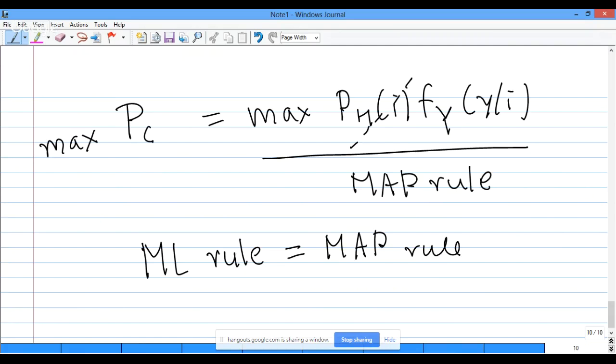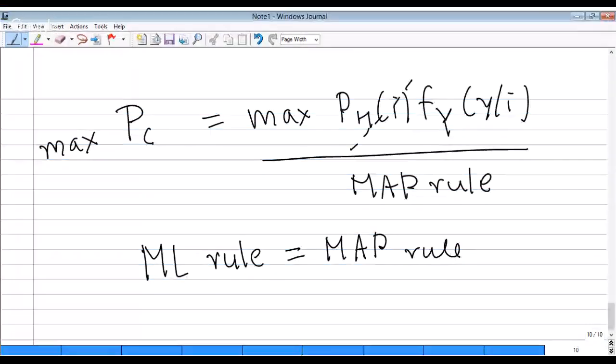So what we have seen is that trying to minimize error probability is the same as trying to maximize the posterior probability, which is the same as trying to maximize the likelihood.